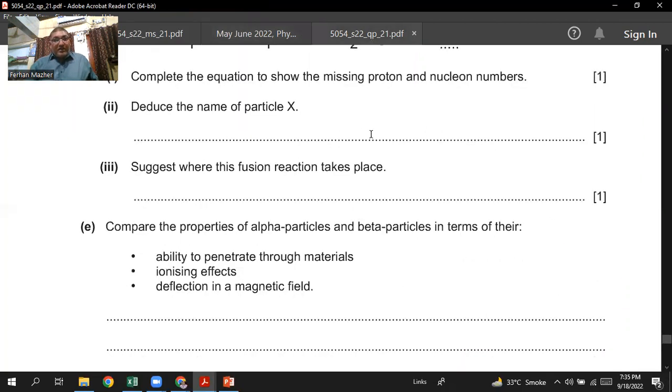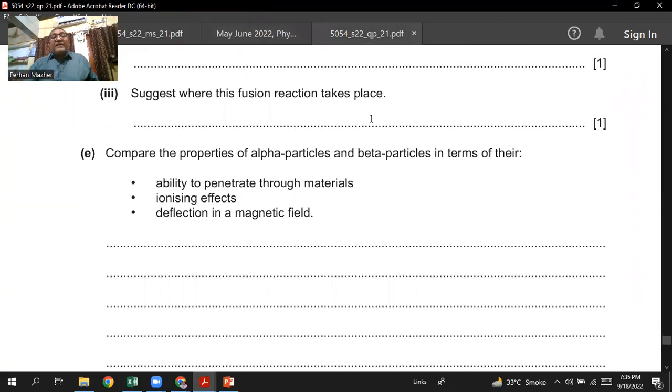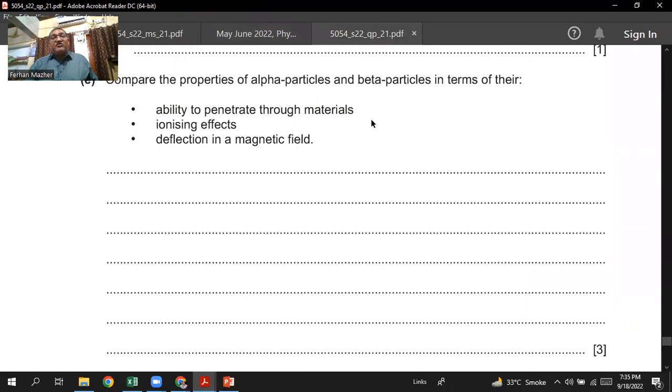Compare the properties of alpha particles and beta particles in terms of their ability to penetrate through material, ionizing effect, and deflection in a magnetic field. You see, the penetrating power of alpha particles is very low as compared to beta particles.